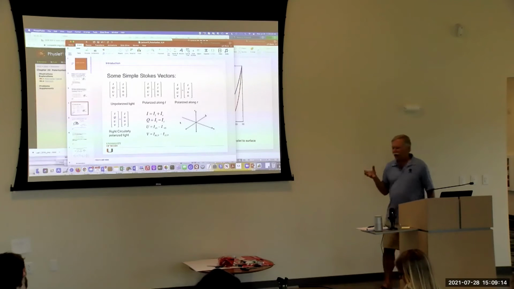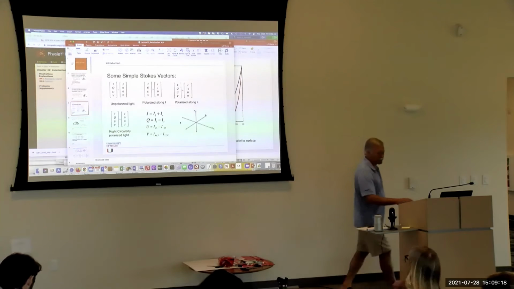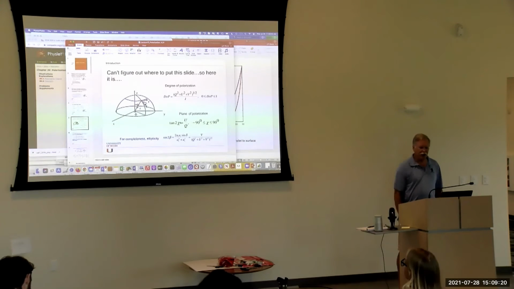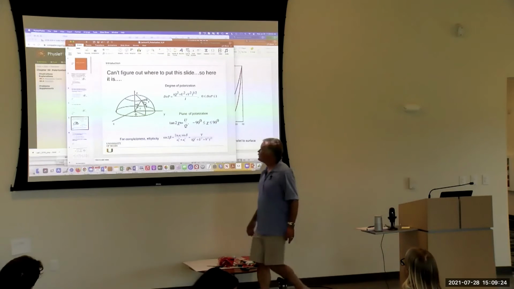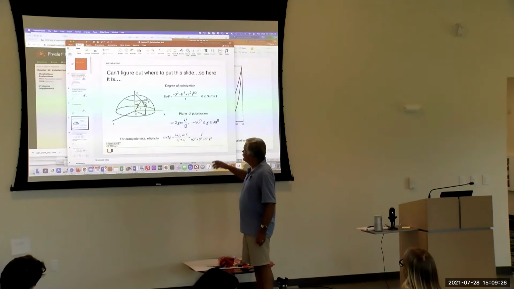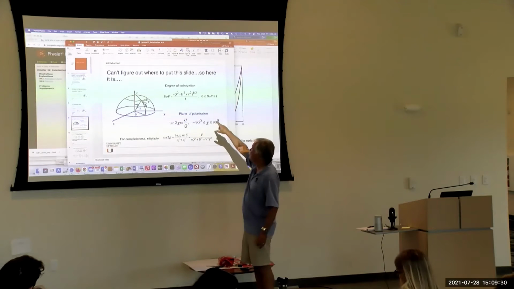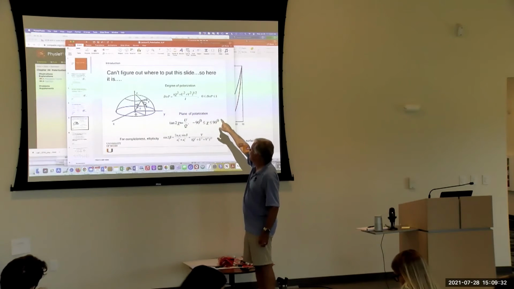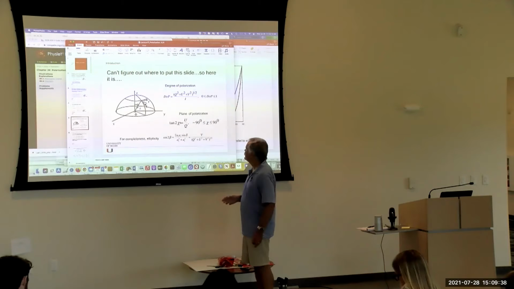We can describe the full polarization of the light field with these Stokes vectors. This is just to define a couple of terms that I might show later. The degree of polarization is the square root of the sum of the squares of Q, U, and V over I, telling you how much the light field is polarized.